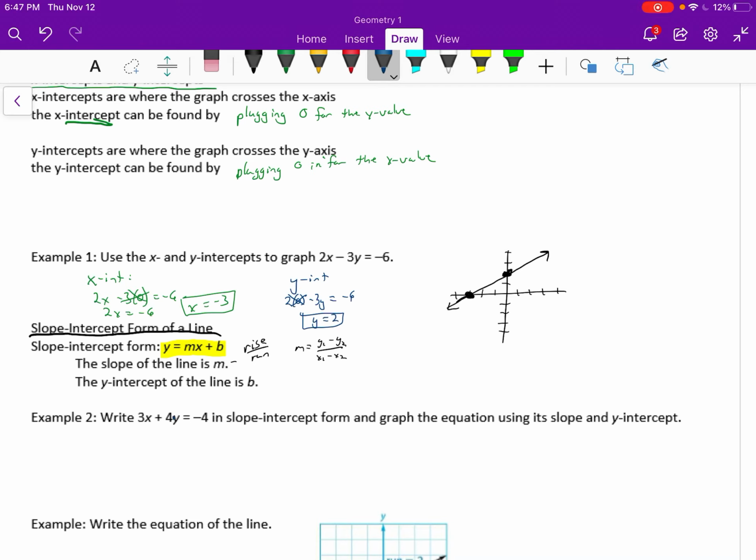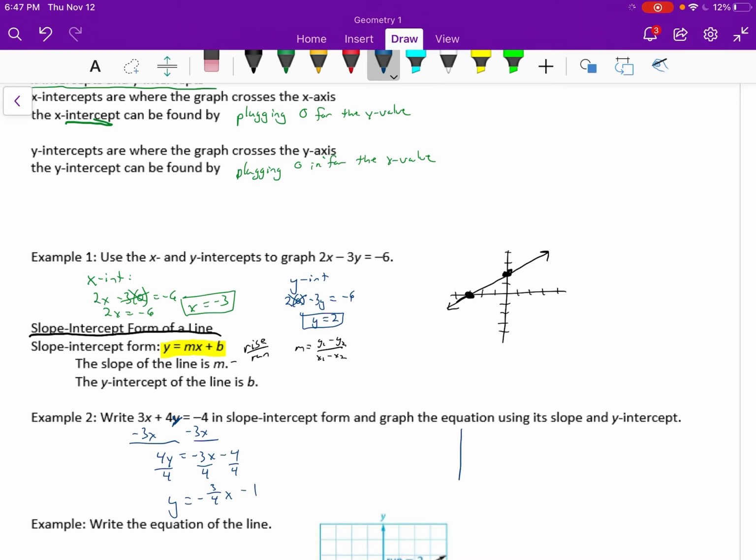We want to get y by itself on this side, so we'll go ahead and subtract 3x from both sides. 4y equals negative 3x minus 4, and then we would divide both sides by 4. Dividing both sides by 4 is the same as dividing each term by 4. So y equals negative 3/4 x. 4 over 4 is 1, so minus 1.